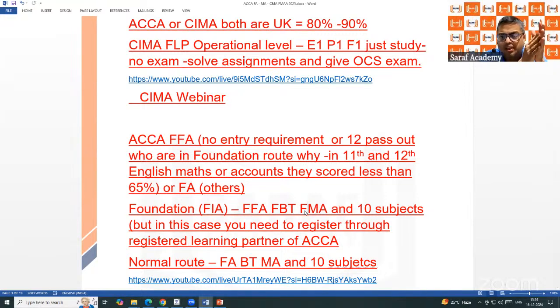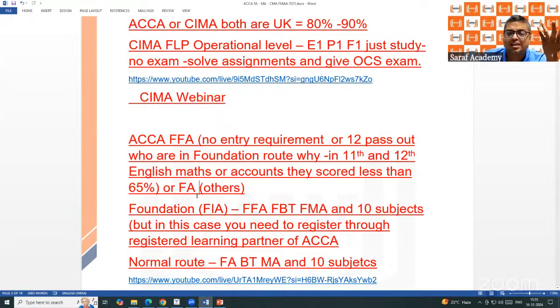If you are a 12th pass-out and you have scored 65% marks in any 2 subjects out of 3 — maths, English and accounts — then you are straight away going to the ACCA route. And in ACCA, you need to give exams for FA, MA and BT.